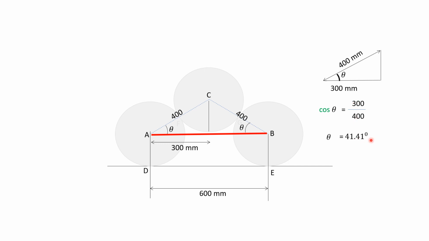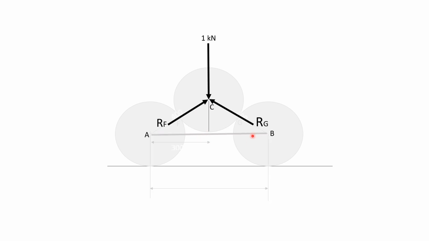We get 41.41 degrees. Writing theta values, and this is 1 kilonewton. This is the reaction at F. This is the reaction at G, and this angle is 41.41. This angle is 41.41, and this remaining angle will be 48.6.